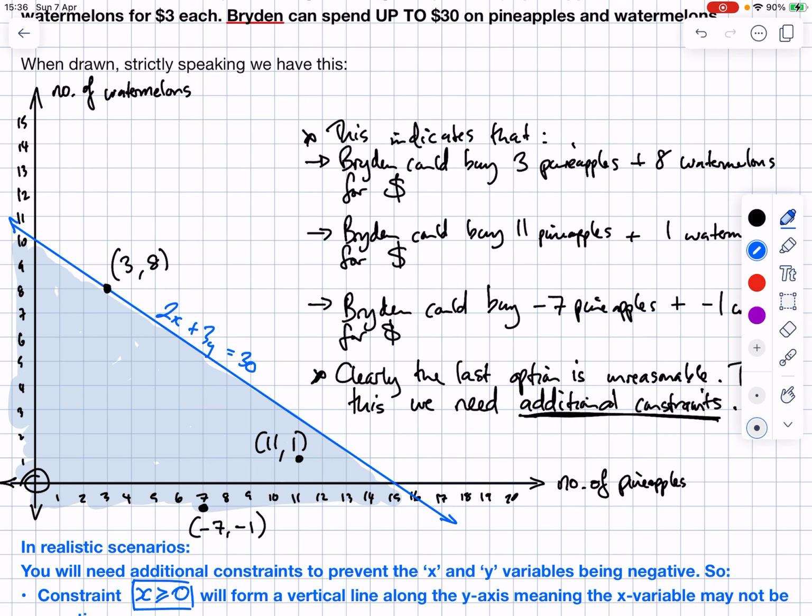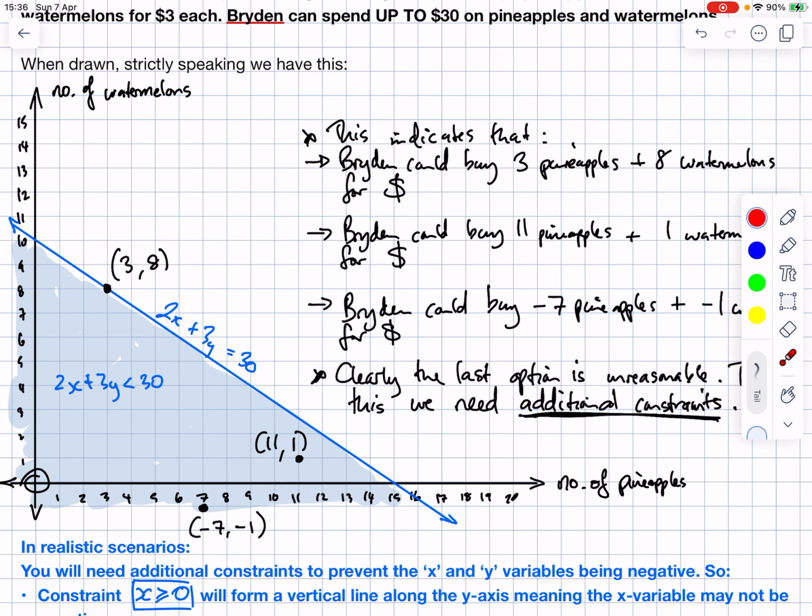Okay, so this region that I've colored in grey is 2x + 3y < 30. The line represents the equal to 30. So what I've represented on this Cartesian plane is the region 2x + 3y ≤ 30, okay?